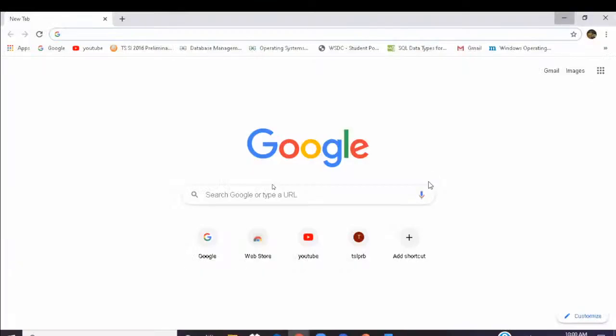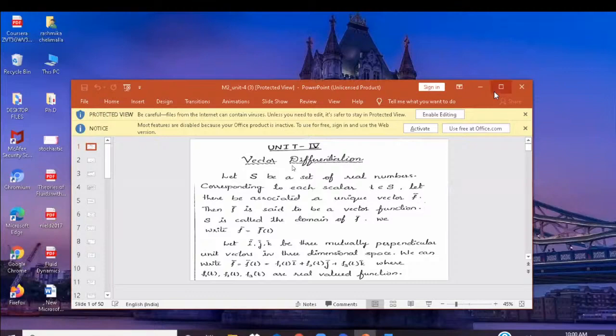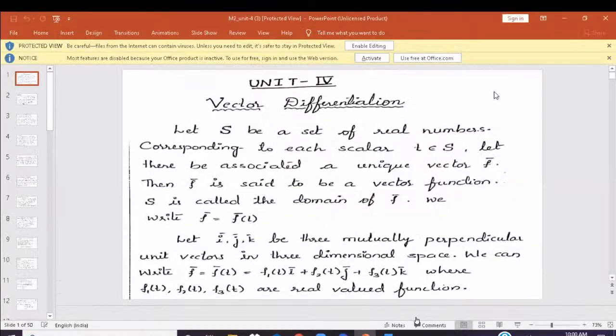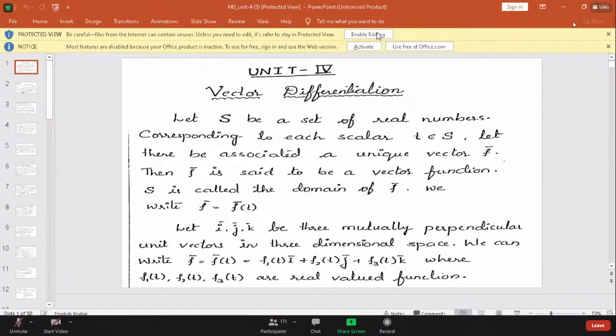One second, sir, my computer has a little problem. Yes, the PPT is visible now, sir. But your voice is not clear. Shall I start, or do we have to wait for the participants?